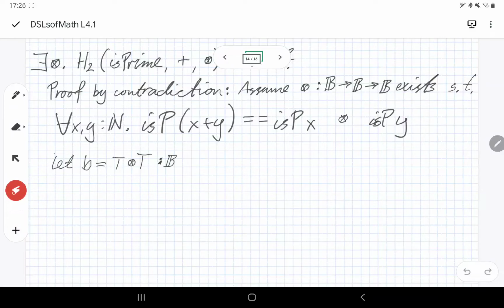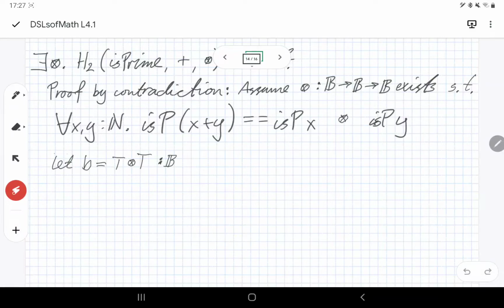So I will do this by first defining a value b, which is this operator which we have assumed exists. Remember, it's just a normal Boolean function, but you can apply it to true and true, and then we get the result. It's either true or it's false, but it doesn't matter for the reasoning that comes. What matters is that it can only be one value.